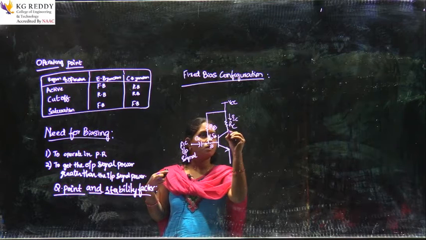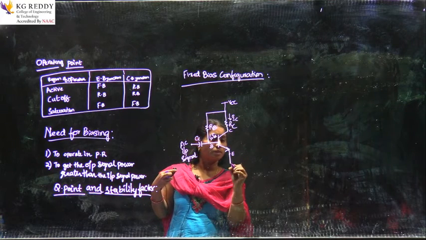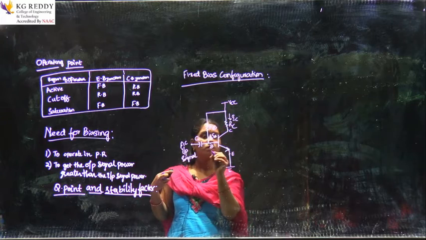This one is the base, collector and emitter, and the emitter has been grounded.